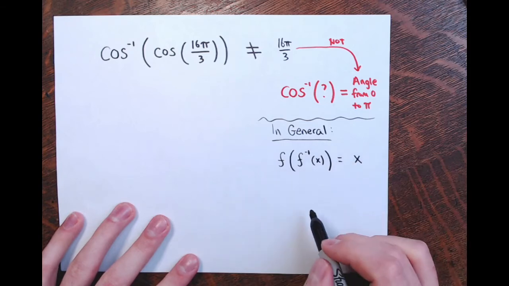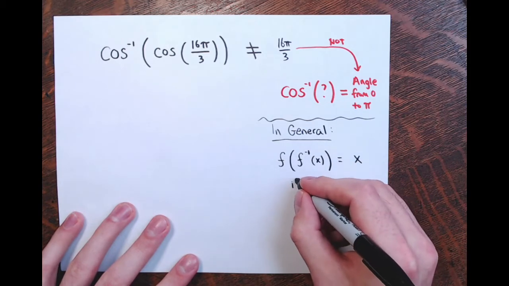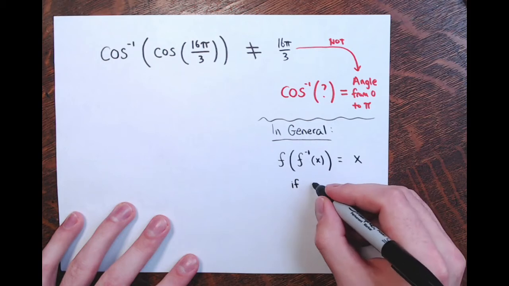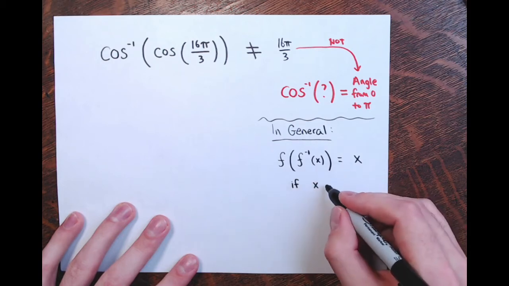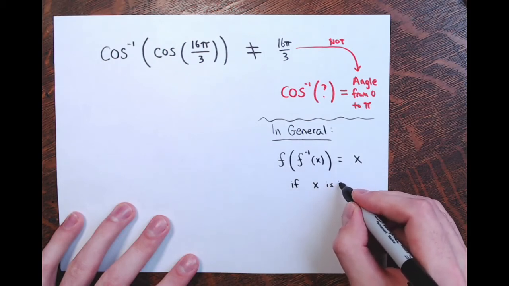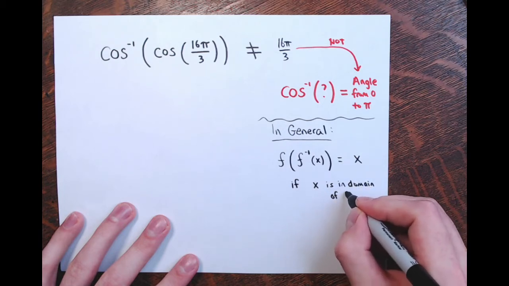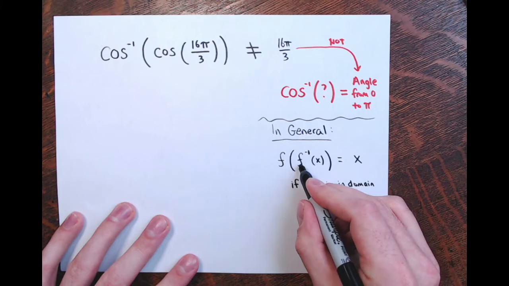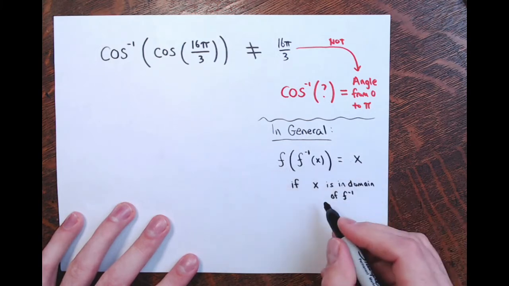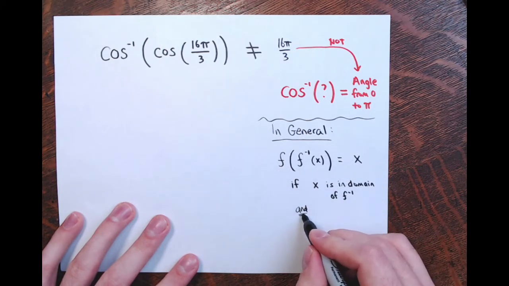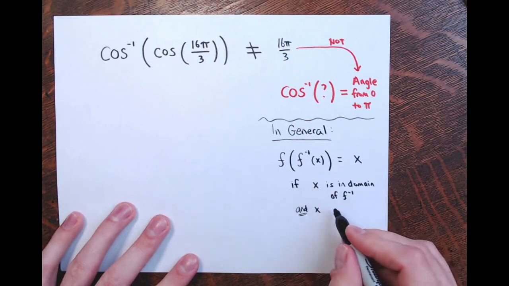They will undo each other, but only if x is in the domain of the inside function, meaning you can actually plug it into the inside function, and it's in the range of the outside function.